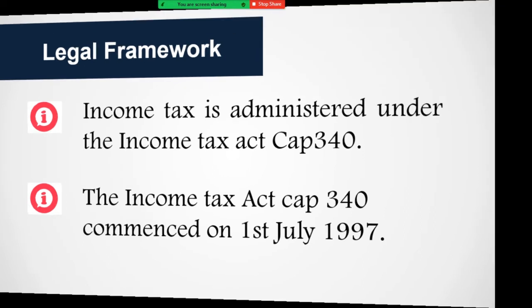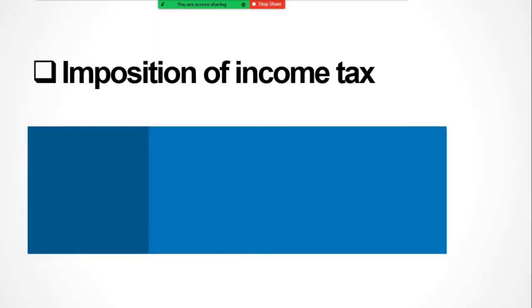In the Income Tax Act, the document itself, you're going to find section 4. I'll be sharing the act on your accounts. You'll find it there on the accounts you've created. Even the slide presentations can also be downloaded from your account.